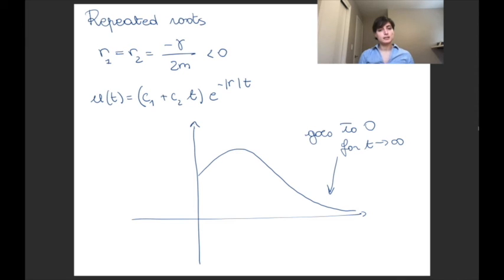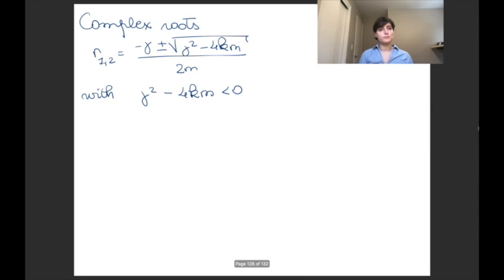In case of repeated roots, r1 is equal to r2 is equal to minus gamma divided by 2m. It's negative. So the solution is c1 plus c2 times t, times the exponential of something negative multiplied by t. The solution will look like something that might have a bump, but after that it goes to zero for t tending to infinity.